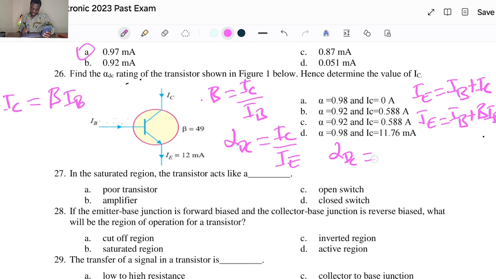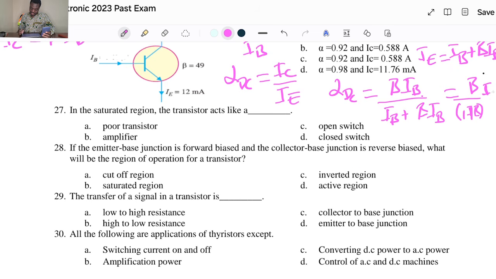So alpha DC will be equal to IC, and IC we know is beta and the base current, over my emitter current, which is IB plus beta IB. We can factorize the base current out so that we have 1 plus beta all over IB, and the base current will cancel.